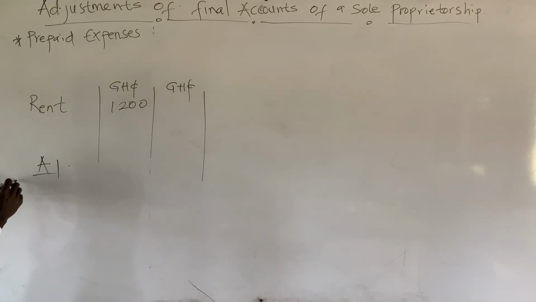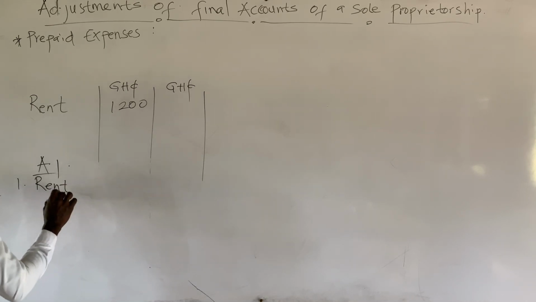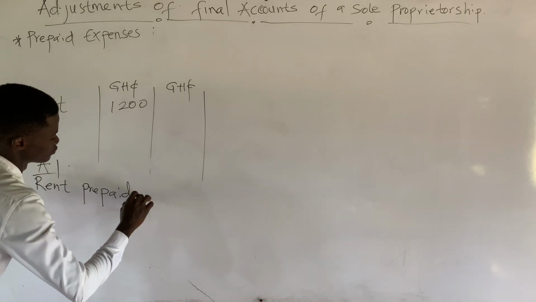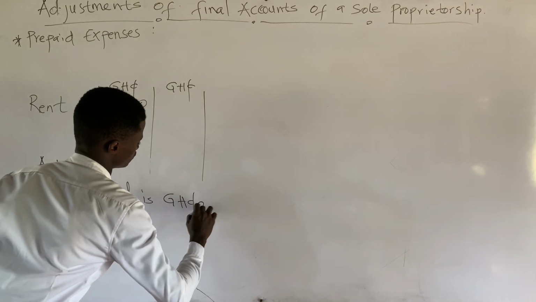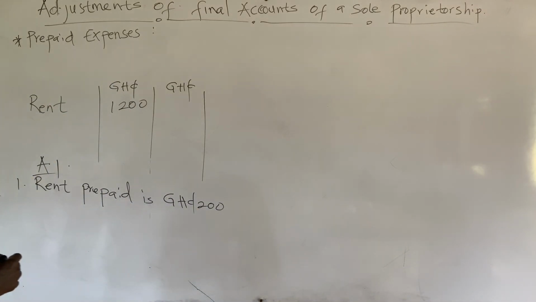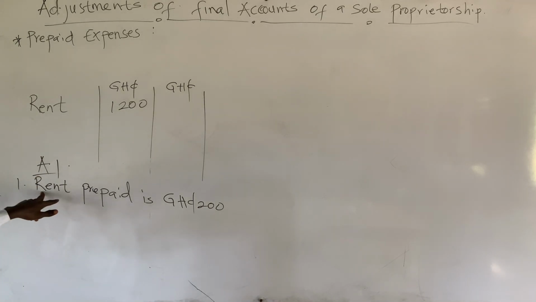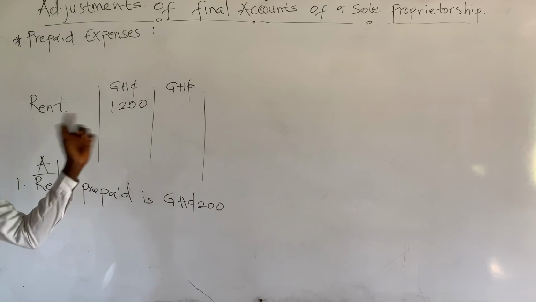So let's assume additional information one says rent prepaid is 200 cedis. As we said, the expense on the trial balance represents the amount paid. So this additional information means that included in this 1,200 cedis is 200 cedis paid in advance.